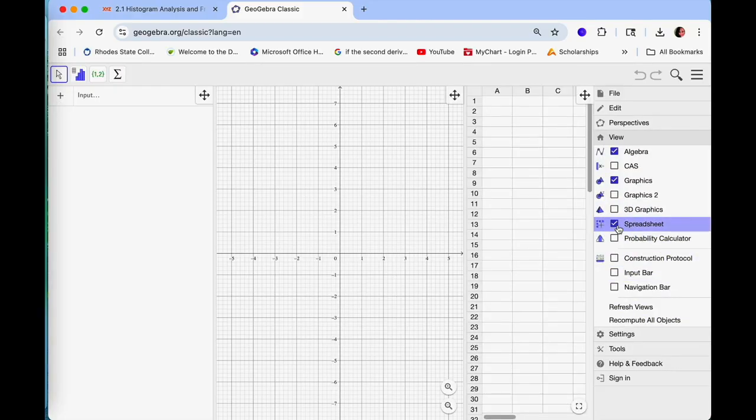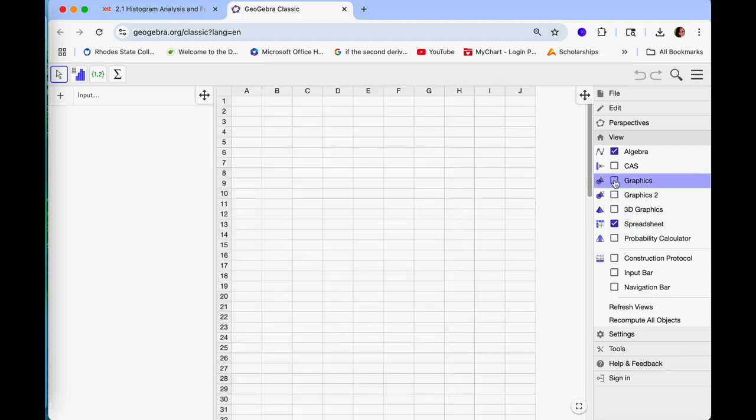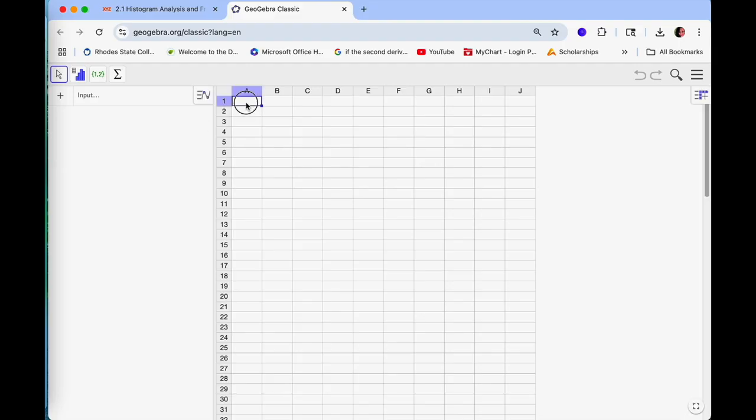Here it is, spreadsheet view. If you don't want the graph there, you can just uncheck that, give yourself a little bit more room. Now, take a minute and pause the video and enter in your 40 values here. If you don't want to delete what you already have in row A, you can just start a new row and put it in row B.